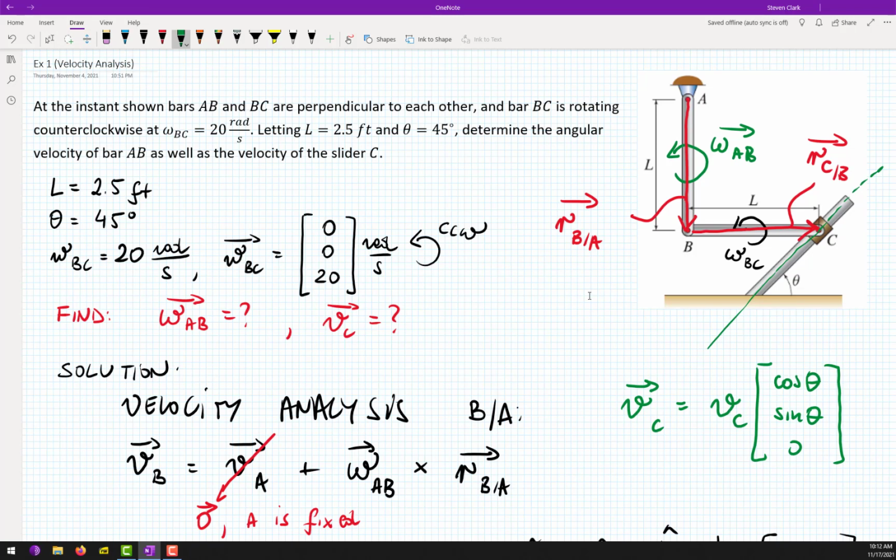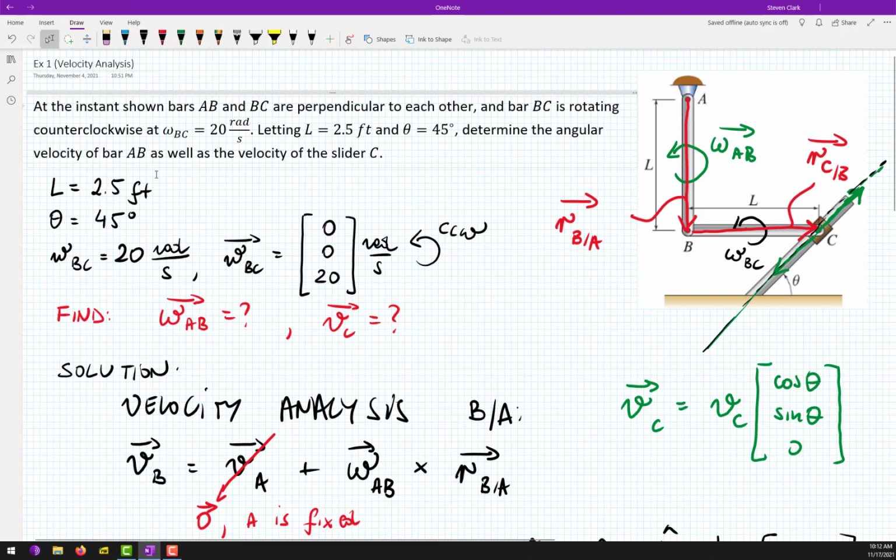What do you think about that? Is this true? Our VC will be either aligned here, or it will be pointing this way maybe. So I should probably put plus minus here. But anyway, my point is that the direction of VC will be this direction.